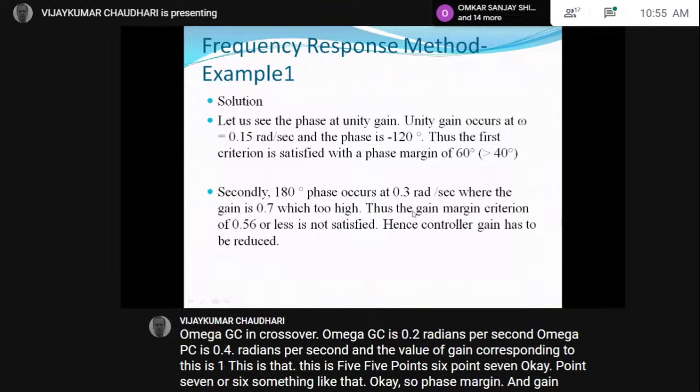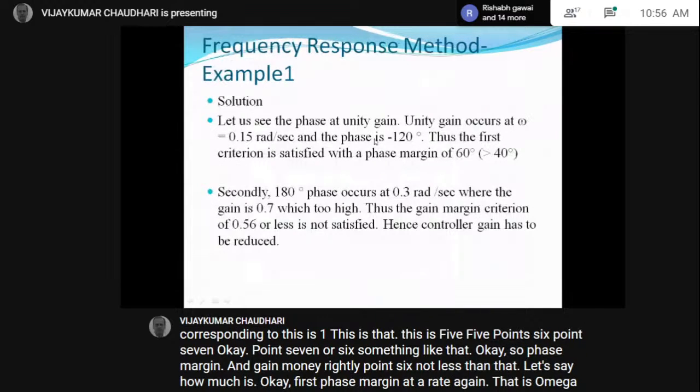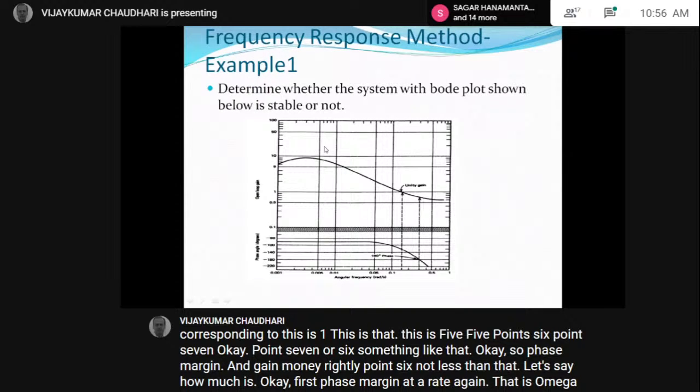Okay, first the phase margin at unity gain, that is omega GC. Unity gain occurs at 0.15. No, this is 0.5.